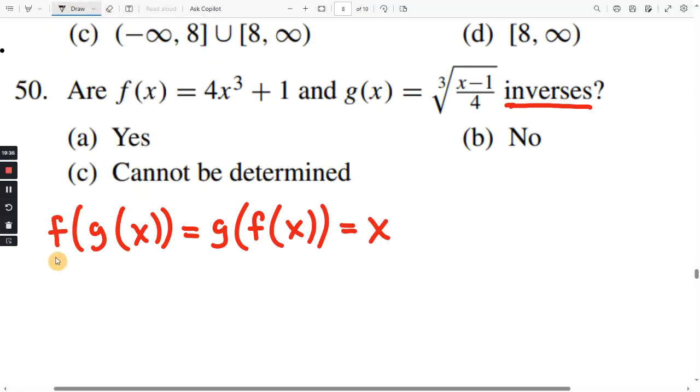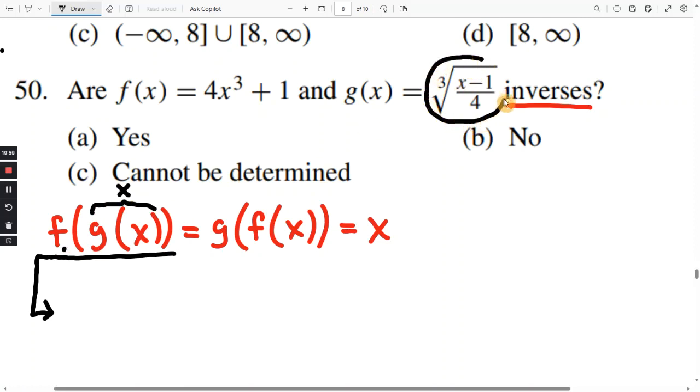First I'll do f of g of x. That means we take g of x and plug it in place of x in the f function. So this right here is g of x. I'm going to take this right here and plug it in place of x in the f function.